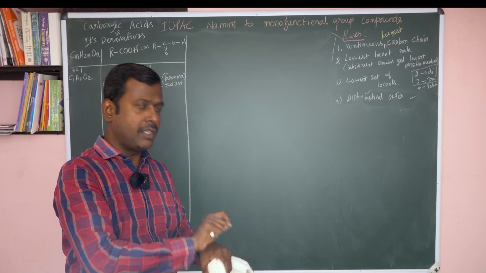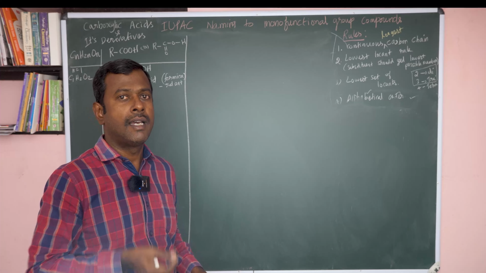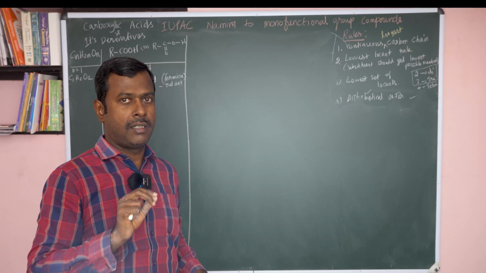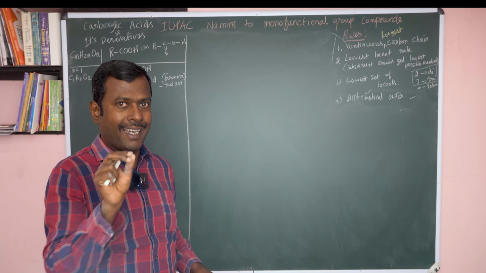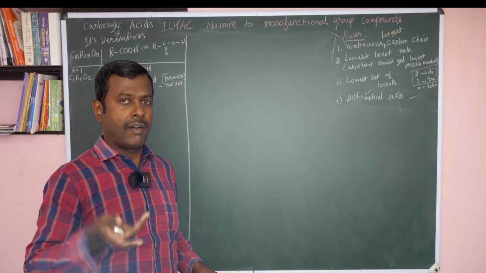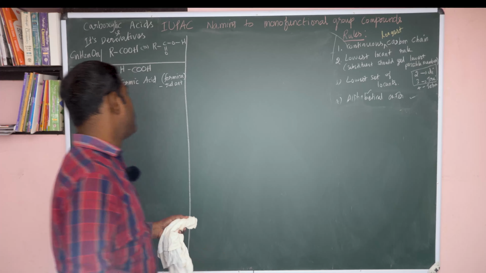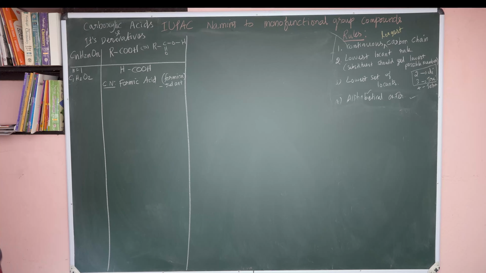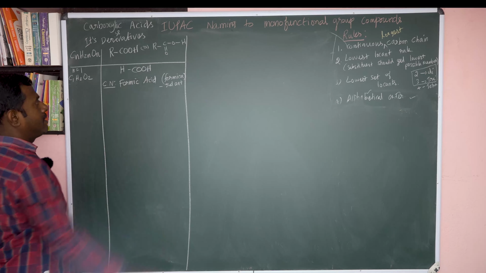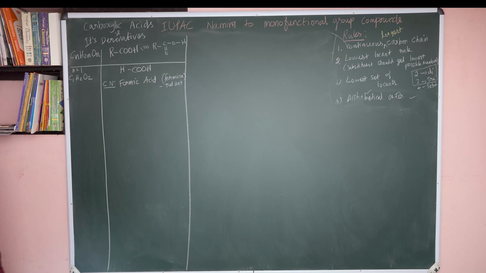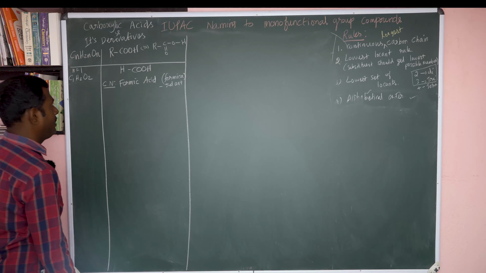That irritation is due to the presence of formic acid in the sting of that red ant. For red ant the Latin name is formica. Since this acid is present in formica, this acid is called formic acid.